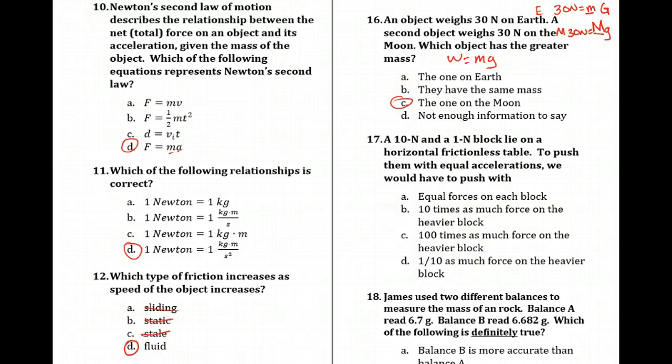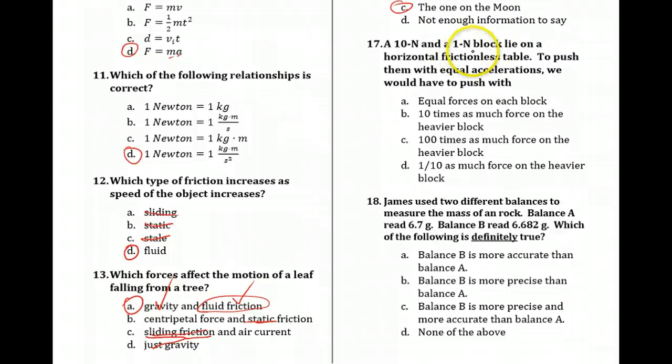A 10 Newton and a 1 Newton block lie on a horizontal frictionless table. To push them with equal accelerations, we would have to push with 10 times as much force on the heavier block. So this is F equals ma. So if we've got a 10 Newton force is equal to mass times acceleration. It doesn't give us a value for the accelerations. We just know they want the values to be the same.